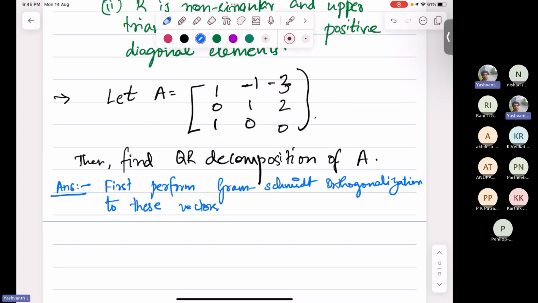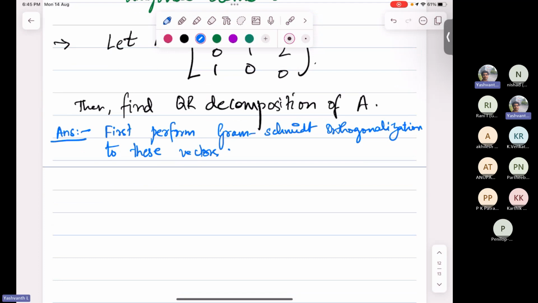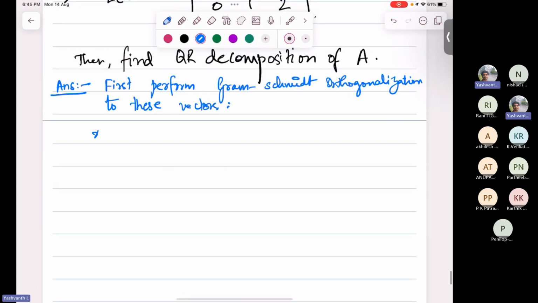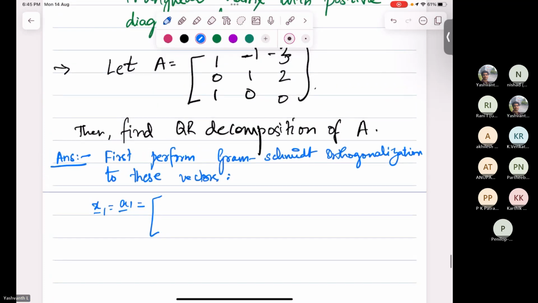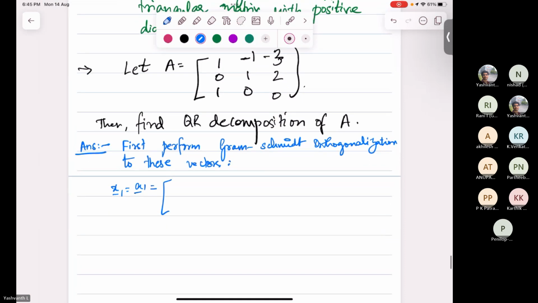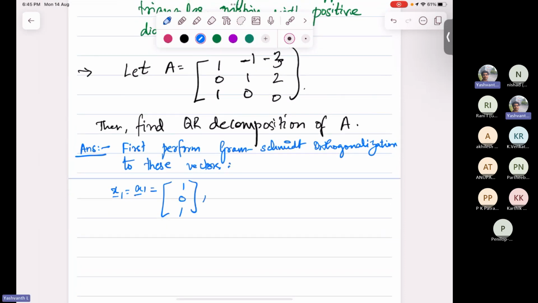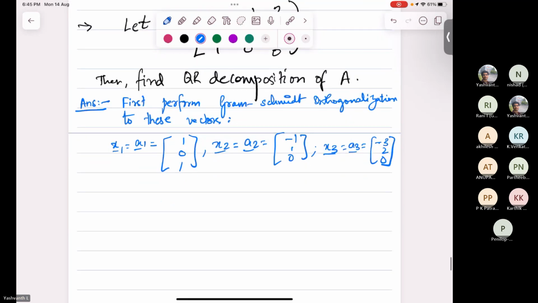The column vectors of the matrix A. That is, x1 equal to A1, the first column, which is 1 0 1; x2 equal to A2, which is minus 1 1 0; and x3 equal to A3, which is minus 3 2 0.